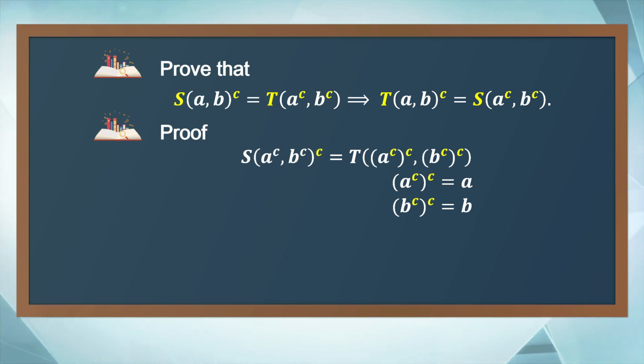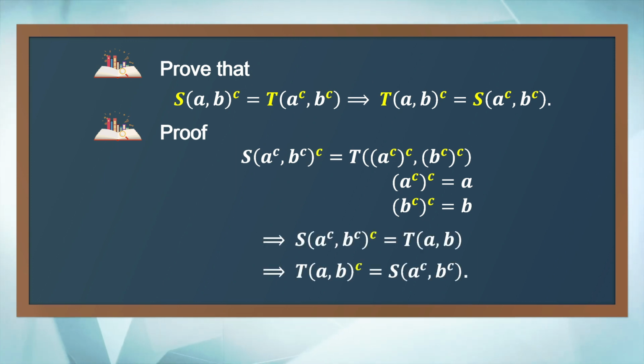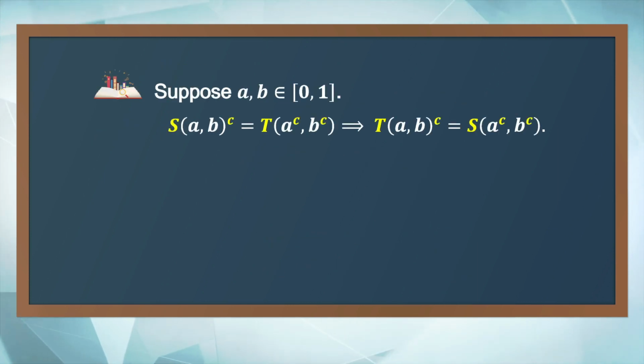Together with the double negation law, we have the complement of T of A, B equals S of the complement of A and the complement of B for all A, B in the closed interval from 0 to 1. Now we have proved the first statement.